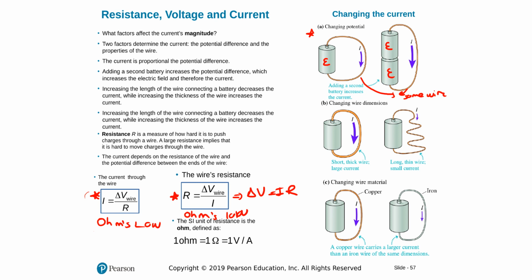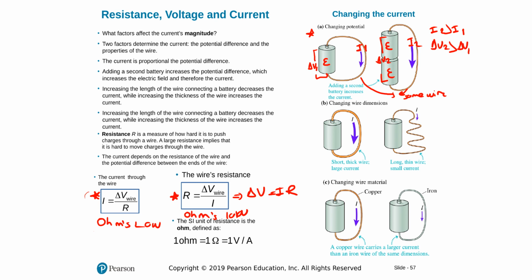I'm increasing delta V. So if we call this delta V1, this current 1, call this delta V2, this current 2, current 2 is larger than current 1 because delta V2 is larger than delta V1.